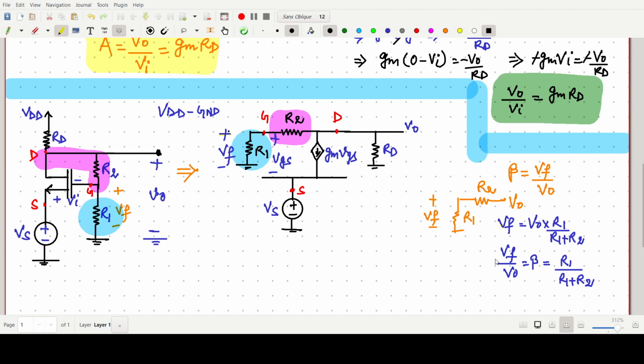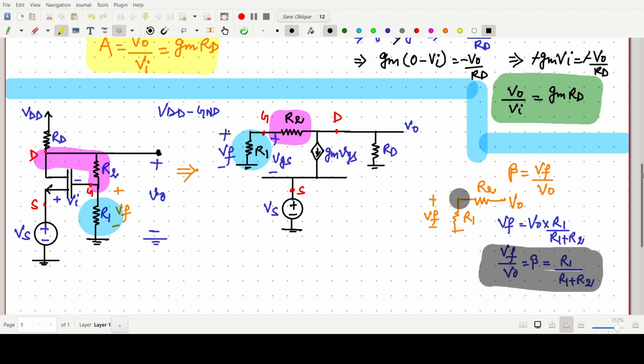Is it clear or not? Feedback factor, so we have considered this part only. Vf by V naught we have to find. So we have written like this, voltage is V naught and it is connected here. Then Vf equals V naught times R1 by R1 plus R2. So that part is clear.